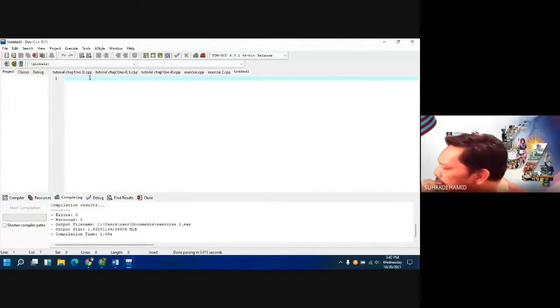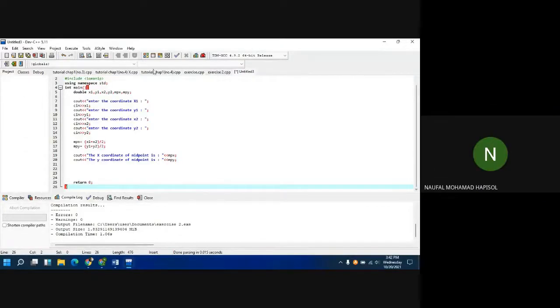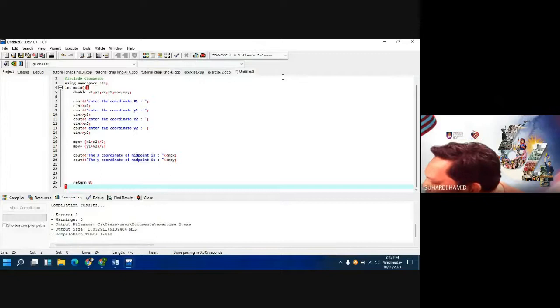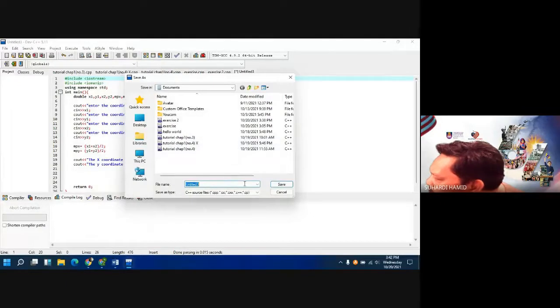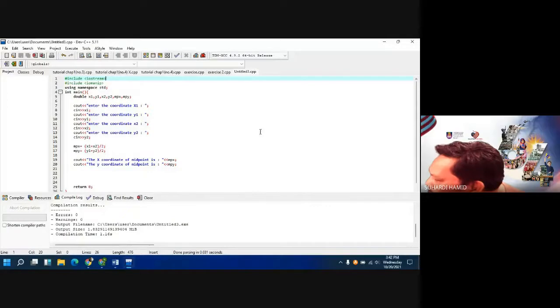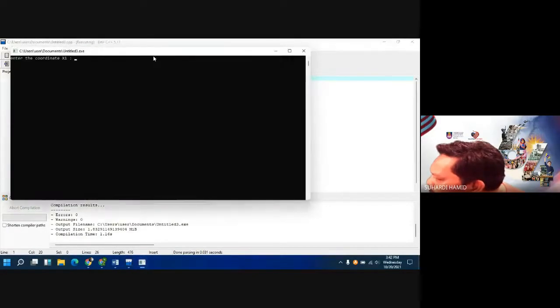Control V to paste. Compile. No, hold on. Scroll up. All right. Try to compile. Okay. Try to run. There you go.